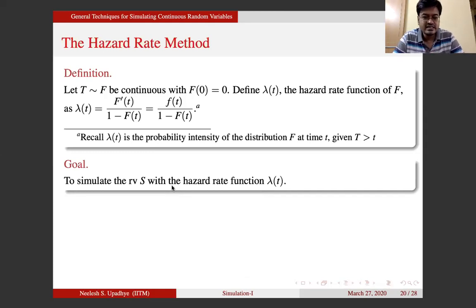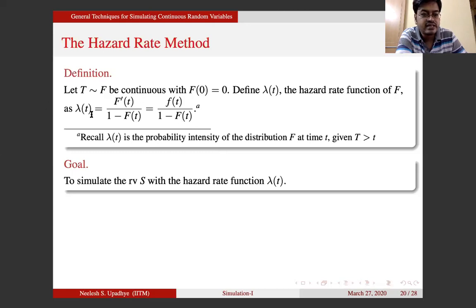As you can see, this hazard rate function had some commonality with the exponential distribution. As a quick look, if T follows an exponential random variable with mean 1 by lambda, then you know f(t) is lambda e raised to minus lambda t, upon 1 minus F(t) which will be e raised to minus lambda t.